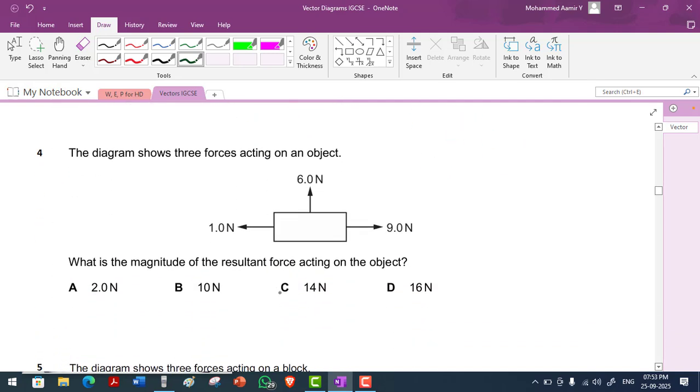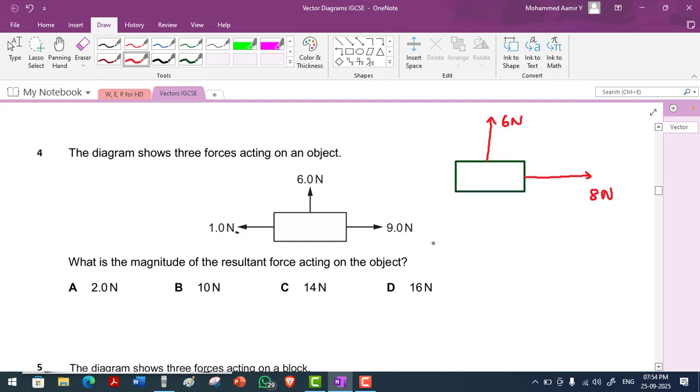Next question. This is from the latest IGCSE paper, I remember 2025 or 2024, latest paper only. Here I have a 6 Newton force in upward direction and 9 and 1 Newton in that direction. So this is the box for example, and 9 minus 1 will be 8 Newtons here, and there is no downward force, so 6 Newtons in upward direction.